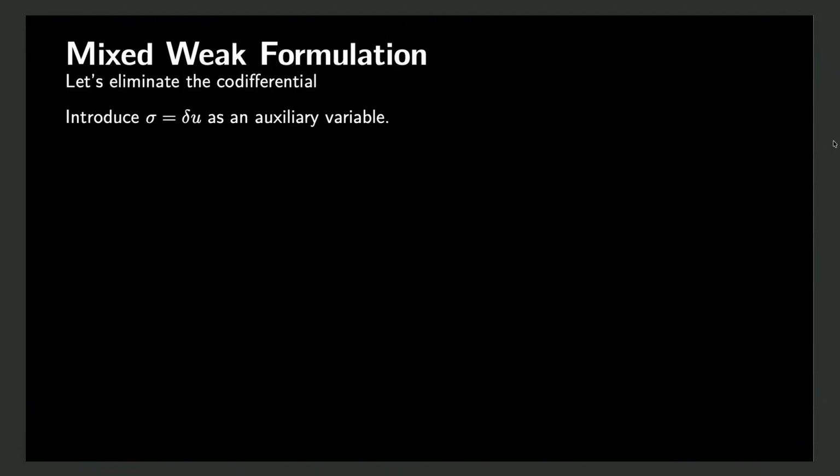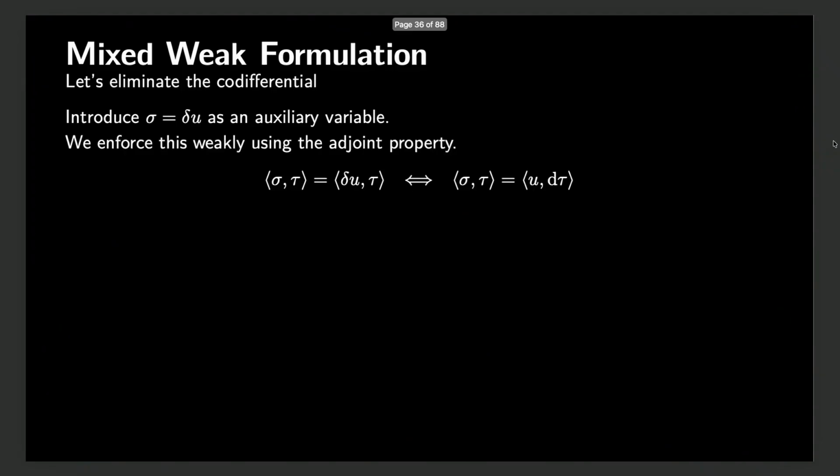We do this by switching to what is called a mixed formulation. This is an idea from classical finite element theory. We introduce sigma as the codifferential of u, and we enforce this weakly by stating this. We have some test function tau, and this is a weak enforcement of the codifferential.